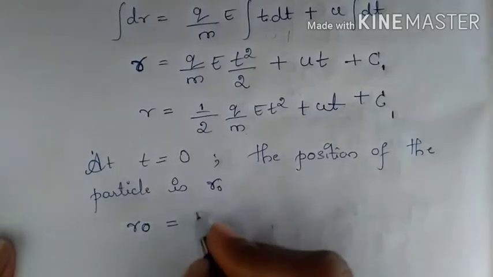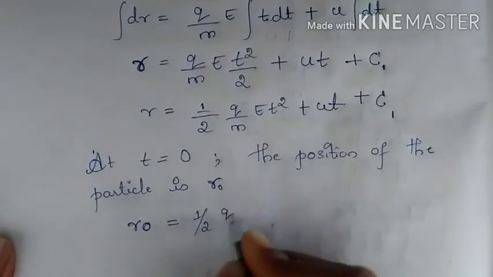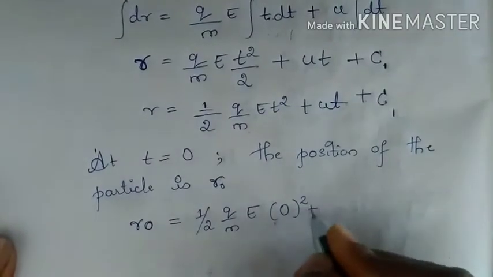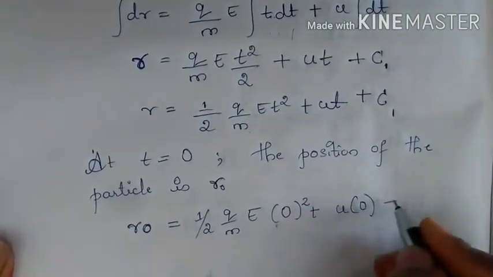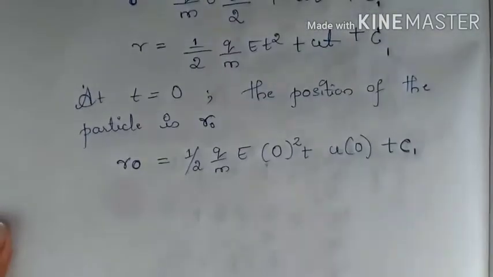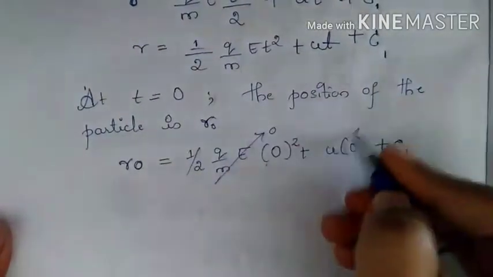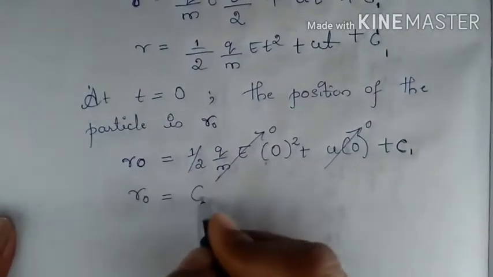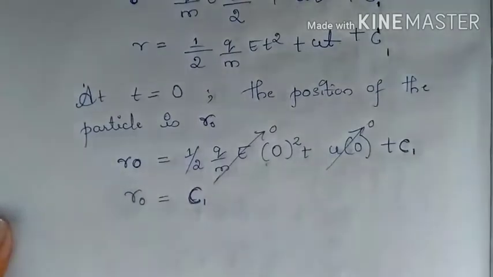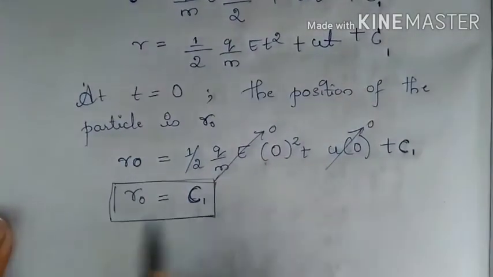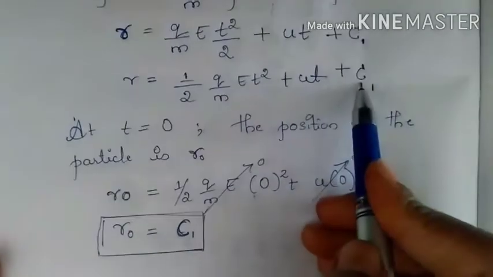So r naught is equal to half q by m E into 0 square plus u into 0 plus c1. These two terms will get cancelled, so this goes off and this goes off. What remains is r naught is equal to c1. Now let us substitute r naught is equal to c1 in this equation.